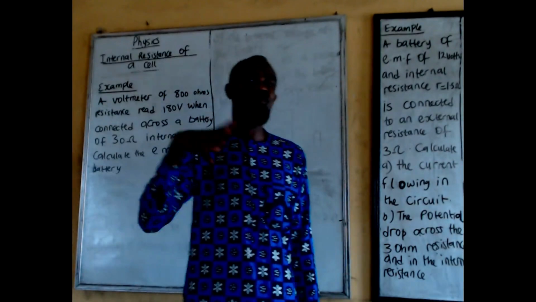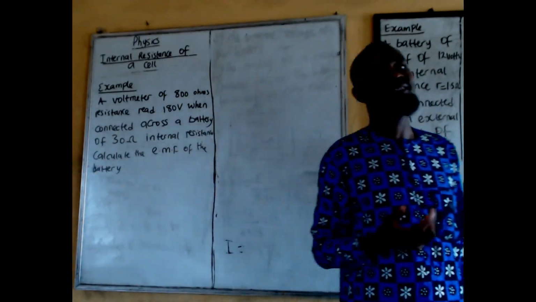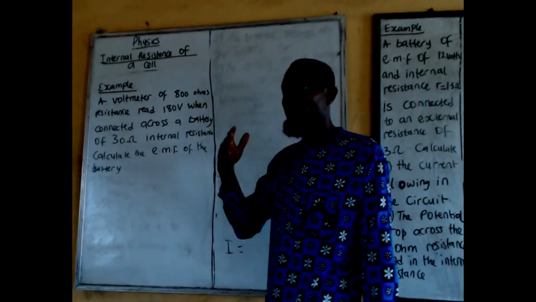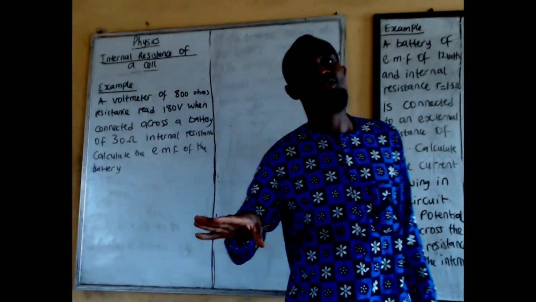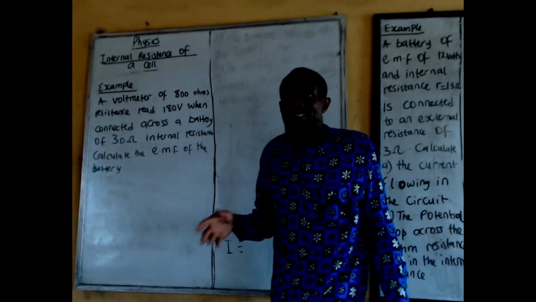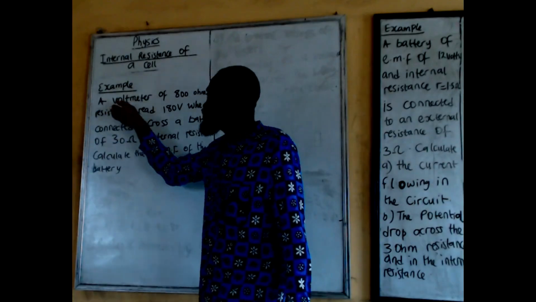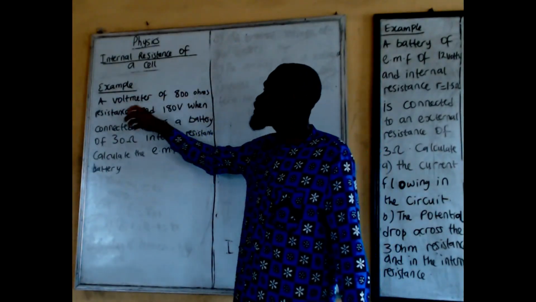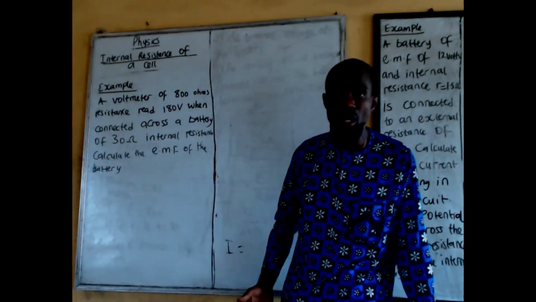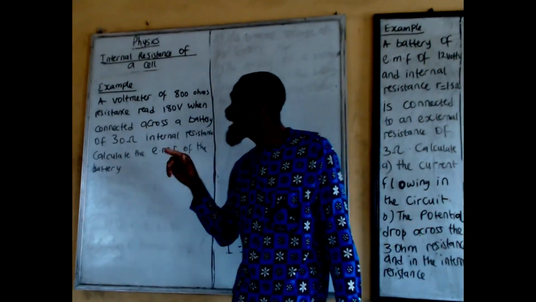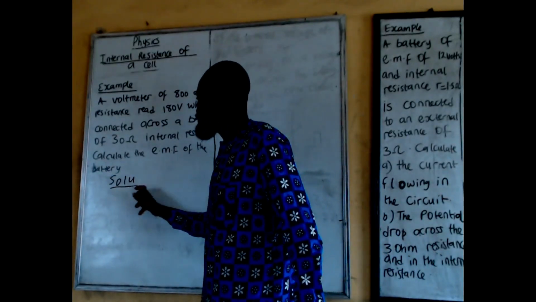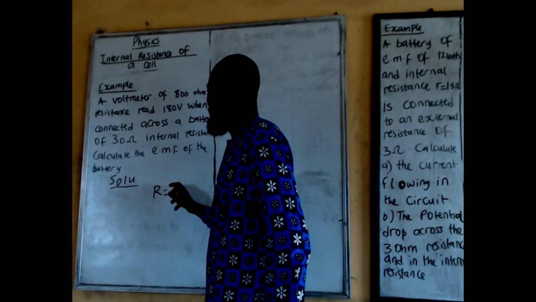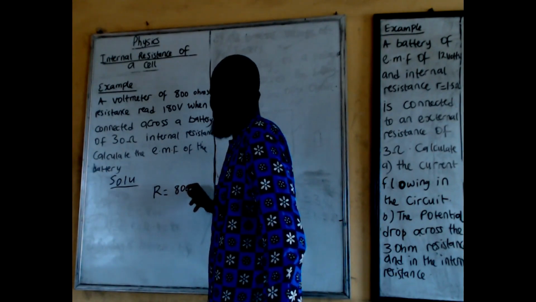But the resistance found inside the battery is what we now call the internal resistance. All the other resistance, apart from the resistance found inside the cells, we refer to as external resistance. So this voltmeter of 800 ohms is our external resistance, the big letter R. And this R is equal to 800 ohms.